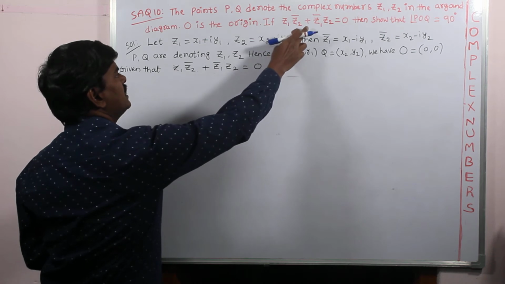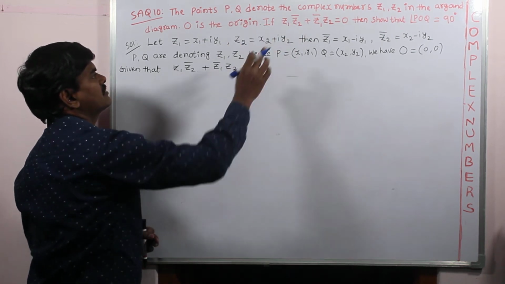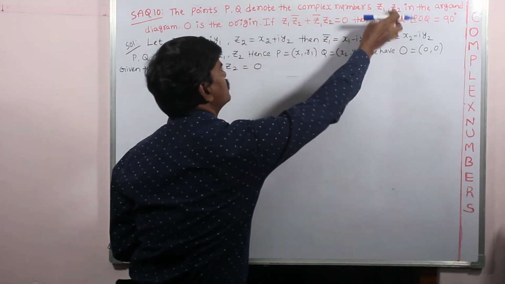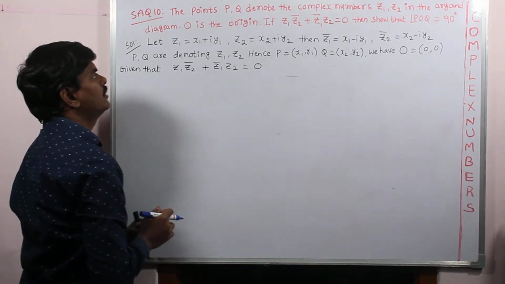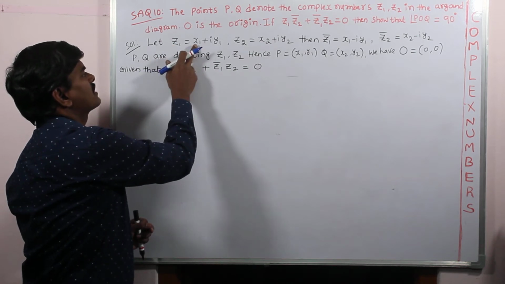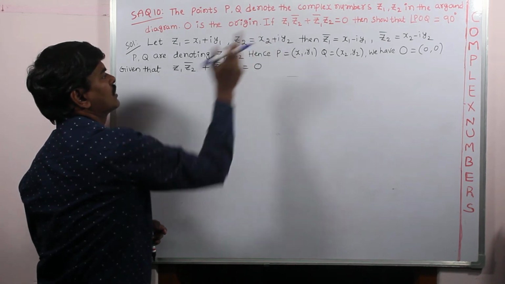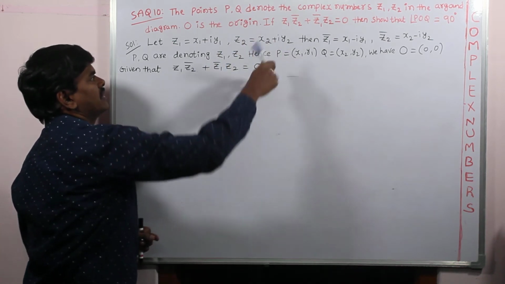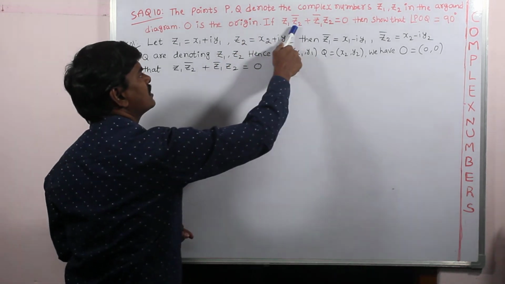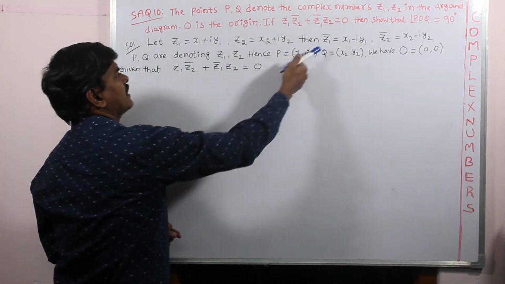Before we take this condition into consideration, let us write what Z1, Z2 are. We don't know the given two complex numbers, so we can assume Z1 as x1 plus iota y1, Z2 as x2 plus iota y2. In the given condition, Z1 bar, Z2 bar are involved.